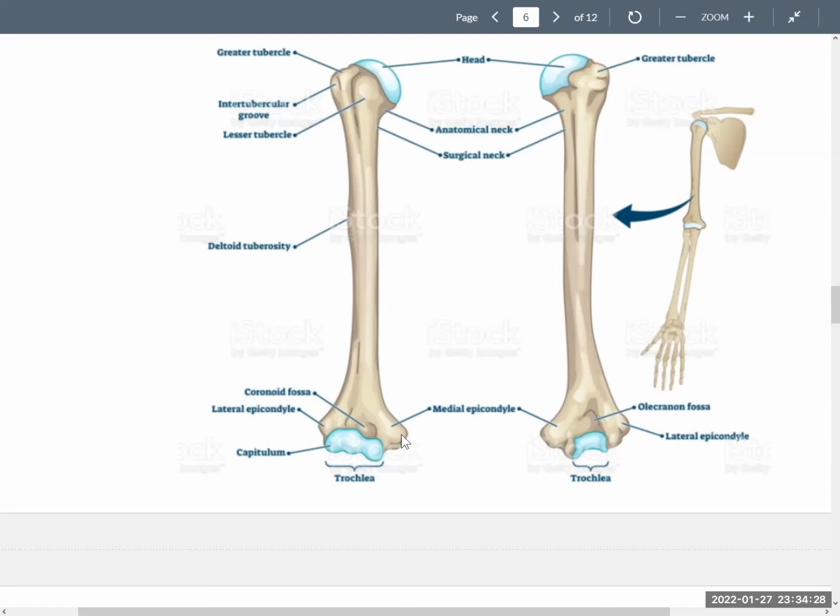It just pivots. But the side that is medial, and how do you know the medial side? It's the side the head's on. Has to be medial. This is a more pointed projection, and it's called the medial epicondyle.